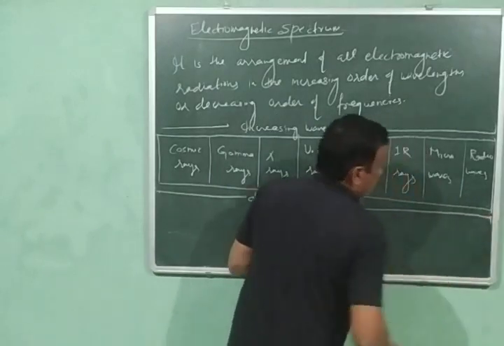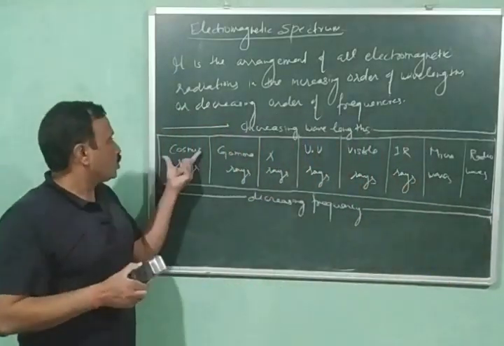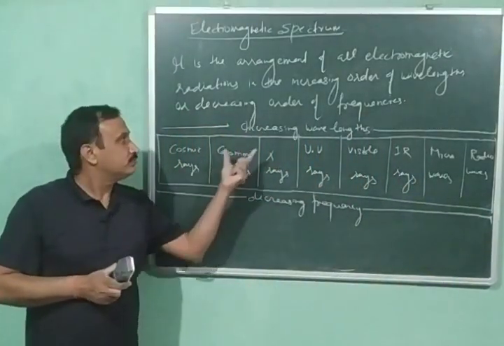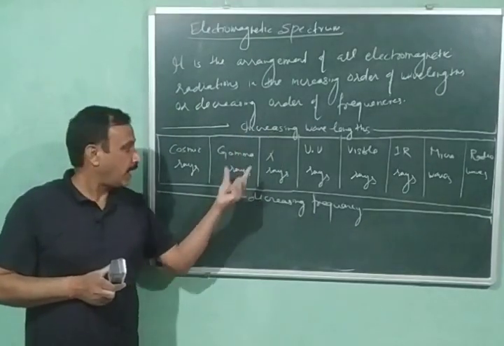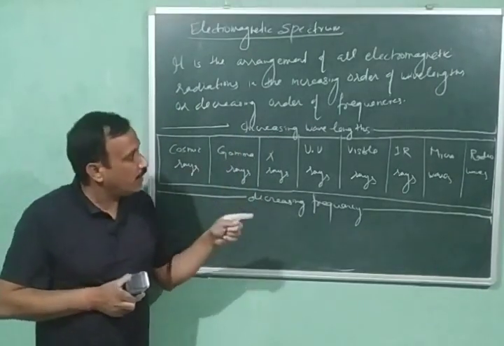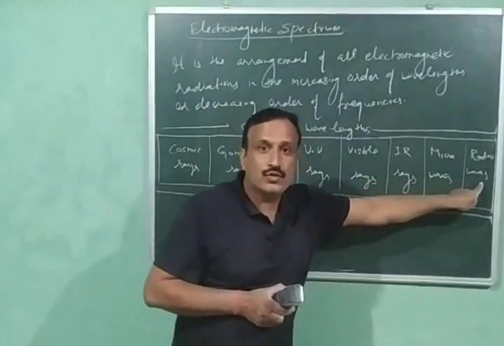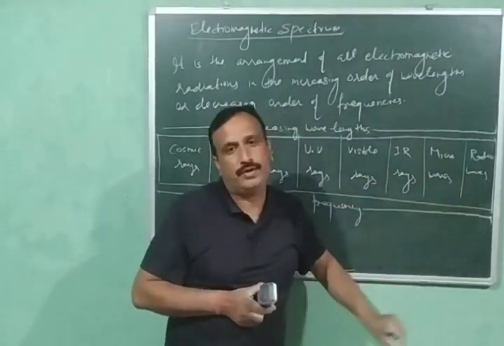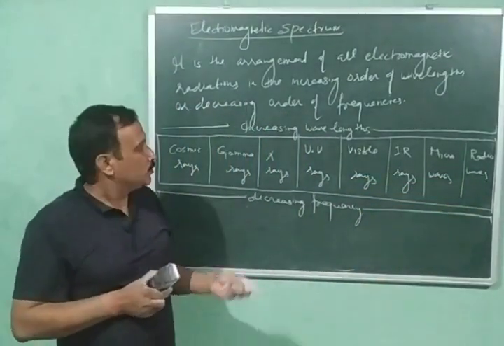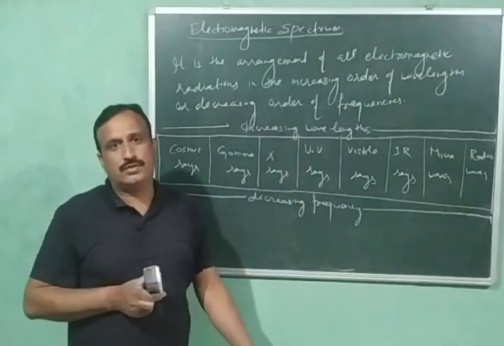Here cosmic rays are going to have minimum wavelength and maximum frequency, and radio waves are going to have maximum wavelength and minimum frequency. Understood? So this arrangement is called what?